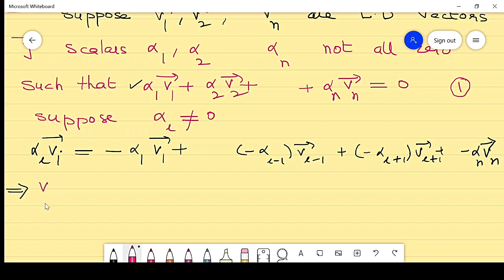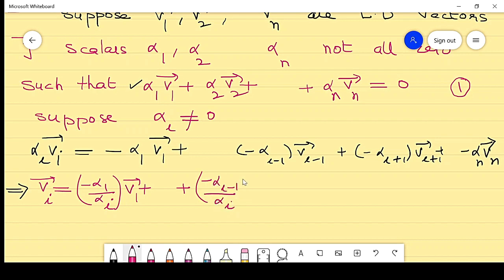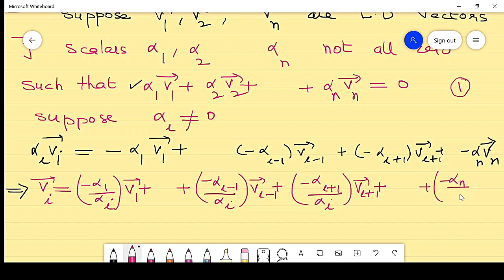So vi vector is equal to minus alpha 1 over alpha i times v1 vector plus minus alpha i minus 1 over alpha i times vi minus 1 vector plus minus alpha i plus 1 over alpha i times vi plus 1 vector plus and so on up to minus alpha n over alpha i times vn vector.